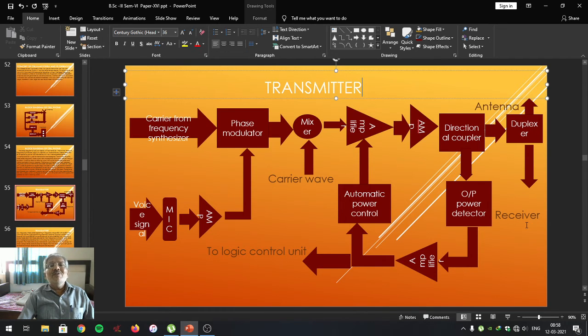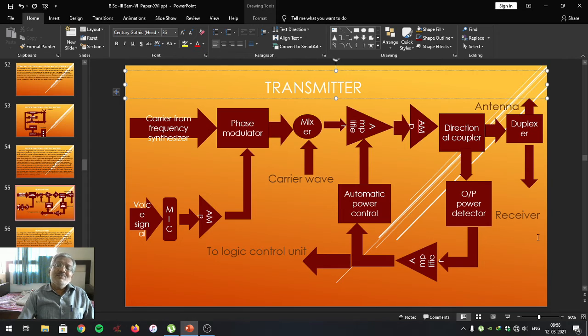By using that concept, the transmitter transmits the signal in space whose strength is always monitored. Transmitted power strength is monitored in the receiving tower by using the RSSI circuit, the receiver signal strength indicator circuit.